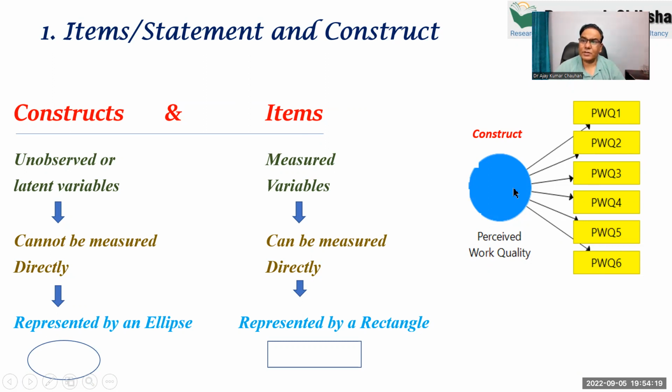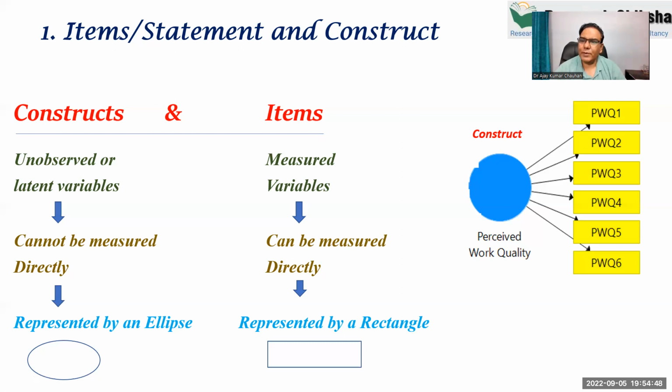A construct is something for which we do not have data. A construct is something which cannot be measured directly, but it can be measured with the help of the items. For example, if we want to measure the performance of a faculty, performance or feedback of a faculty cannot be measured directly.